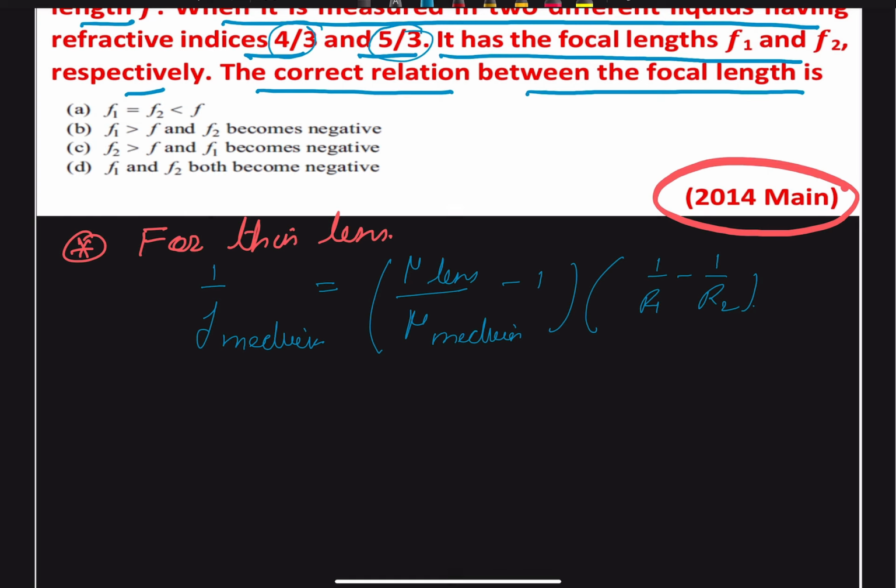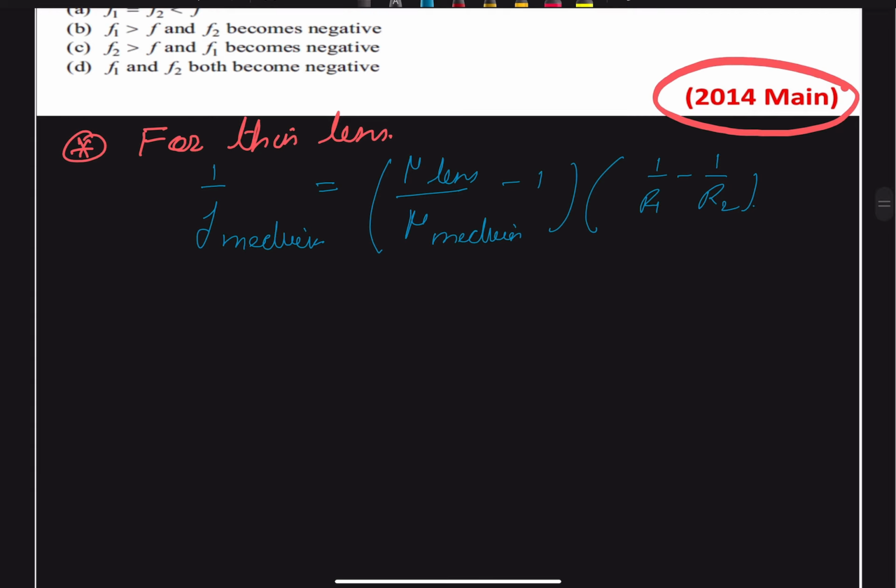And here we have three different refractive indexes. First is the refractive index of the crown glass. We are given that mu for the lens is 3 by 2, and we have two mediums. Let us call mu1 as 4 by 3, and mu2 as 5 by 3.